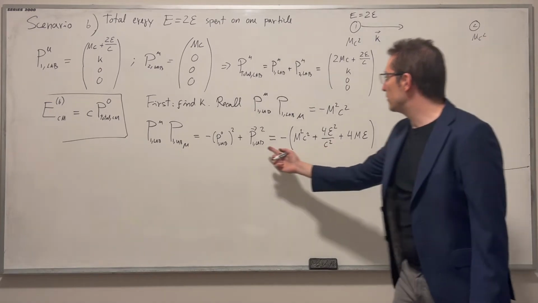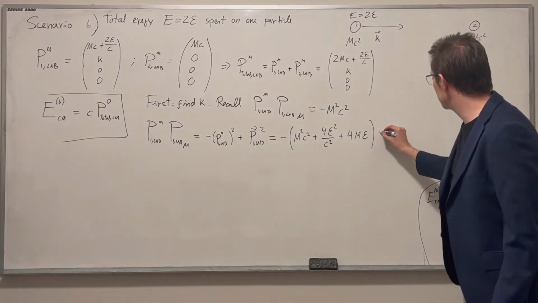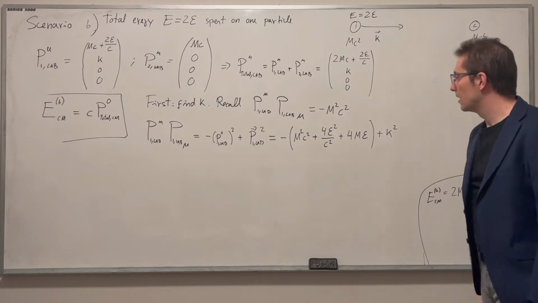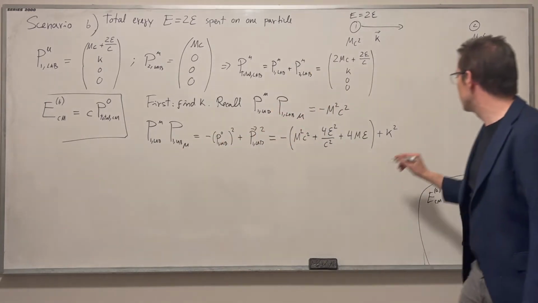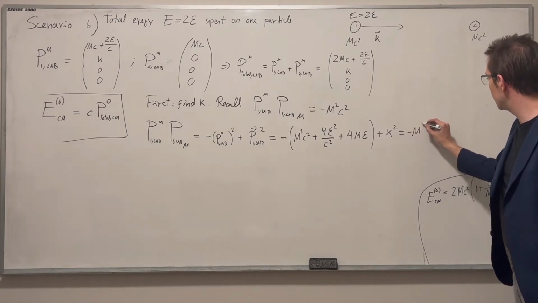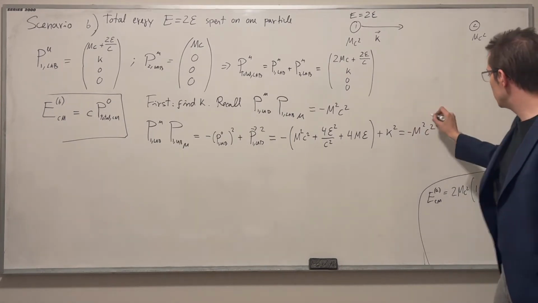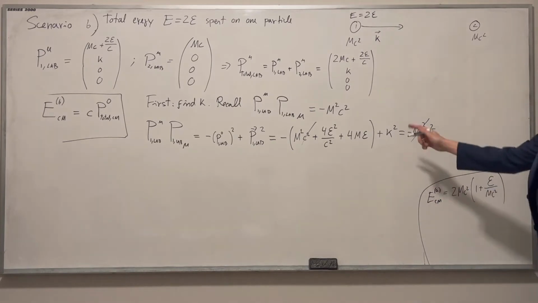And of course we have the square of the spatial part, which in this case is just plus K squared. Now we know that these two things have to be equal because it's the same magnitude, so this is minus m squared c squared. Now this term cancels this term, and we can solve for K.